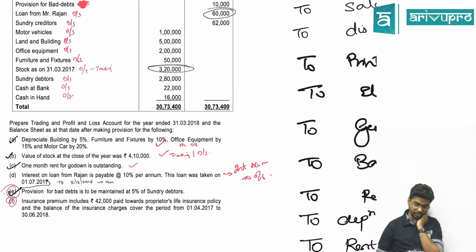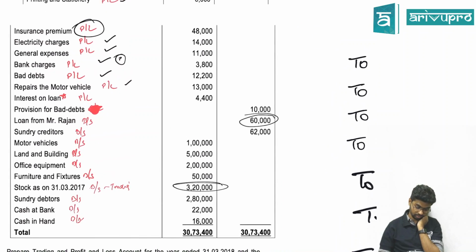What is my insurance amount? 48,000. Okay. My insurance amount is 48,000. They are saying 42,000 belonged to the proprietor. 42,000 belong to whom? Guys, stop talking now. Belong to proprietor. What does it mean?